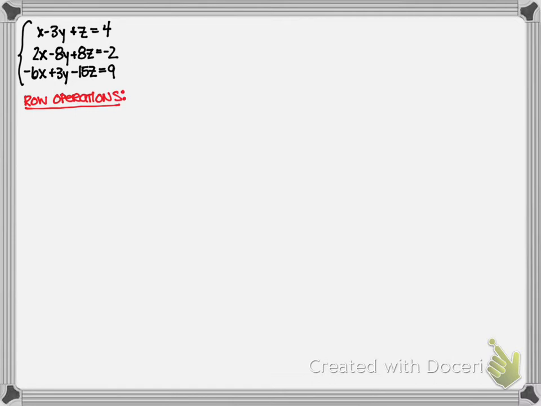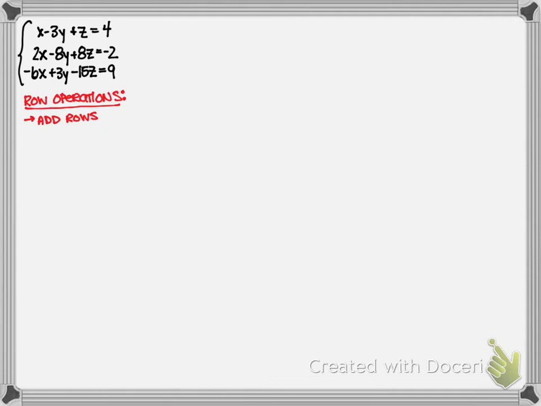When we write them as a matrix, it's easy to forget that we have variables here. So you can't just add a number to every entry in your matrix, and I'll show why in a second. But things we are allowed to do is add one row to another.